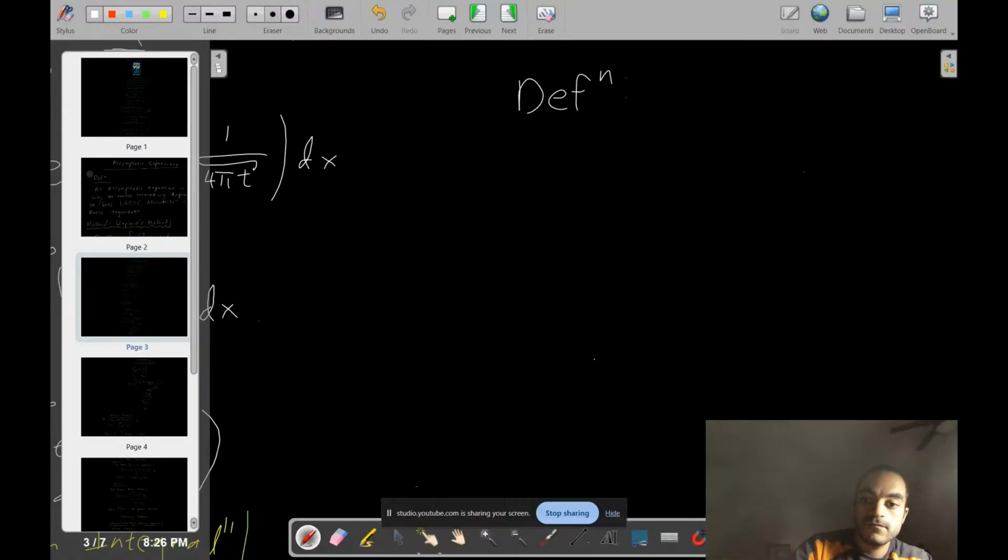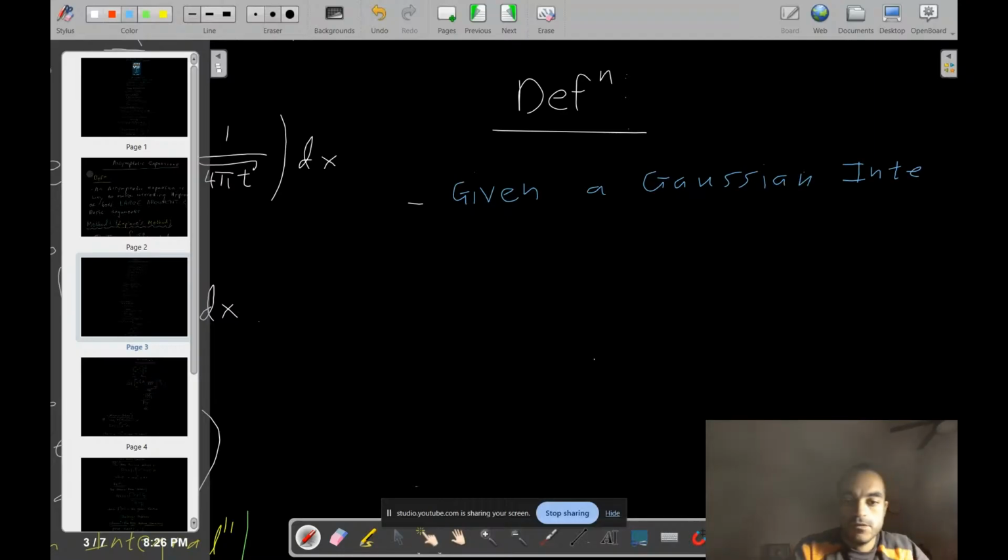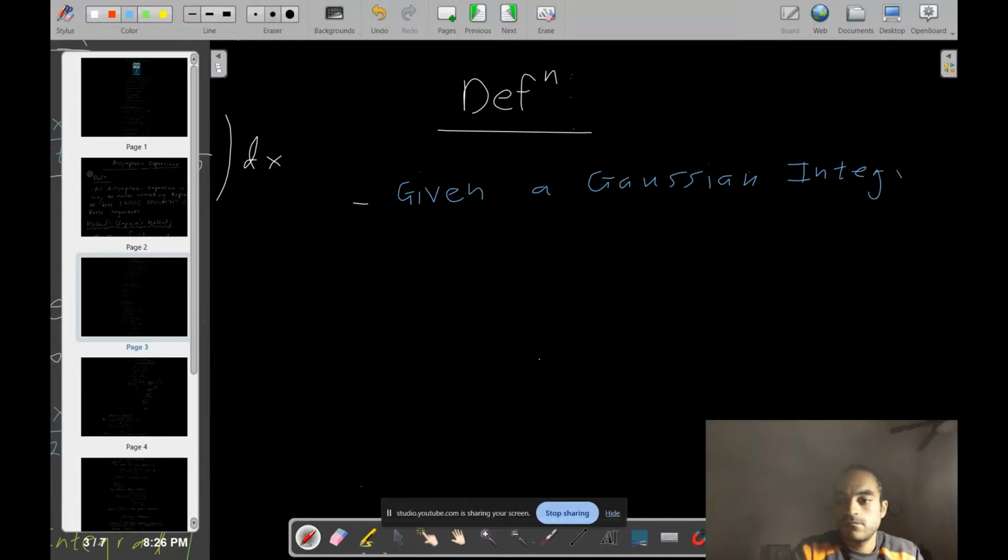So, definition. Given a Gaussian integral, let's say I call it I again, it doesn't matter.